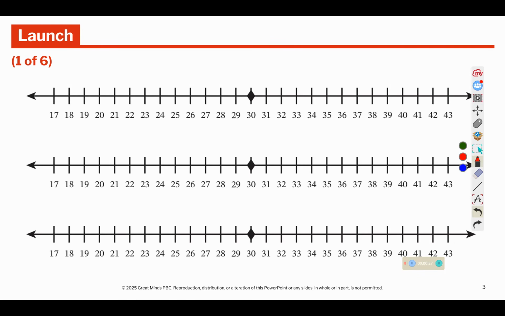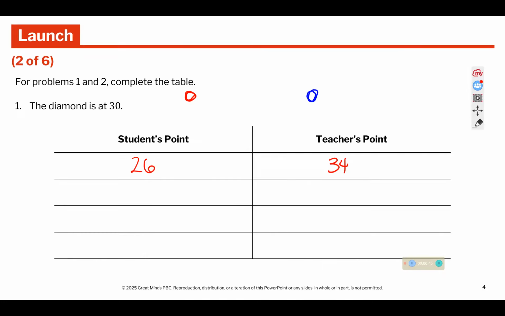A student and teacher are going to take turns placing points. So if a student places a point here, then the teacher gets to place their point, and the teacher places their point here. So in our table in our book, we're going to write 26 and 34.